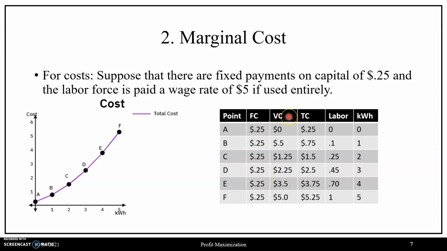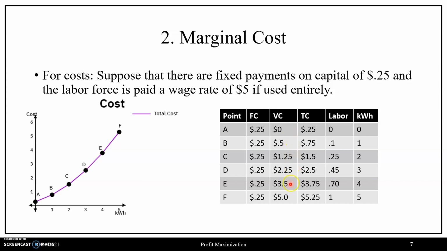From which we then have our variable cost, which is going to be the wage rate paid to our employees, $5 scaled by the percentage of our labor force that's being used, anywhere from $5 scaled by 0% of our labor to $5 scaled by 100% of our labor, corresponding to the full $5. So that's precisely what we have in terms of variable cost.